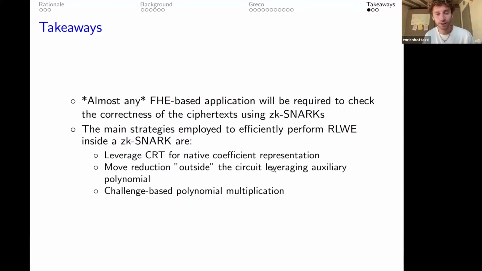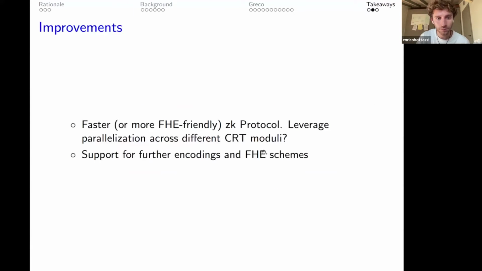Maybe I forgot to mention that, but this is really important: they can be pre-computed outside the circuit and fed into the witness generation. And lastly, one of the biggest cost centers was polynomial multiplication, and we made it more efficient using a challenge-based approach, leveraging two phases of proof generation and the Fiat-Shamir heuristic.